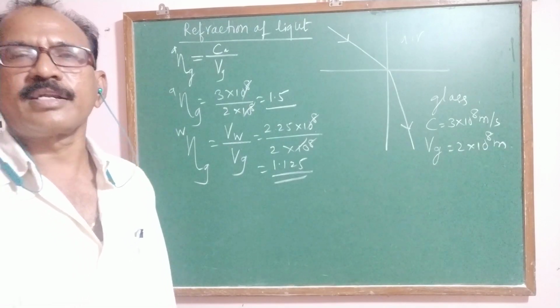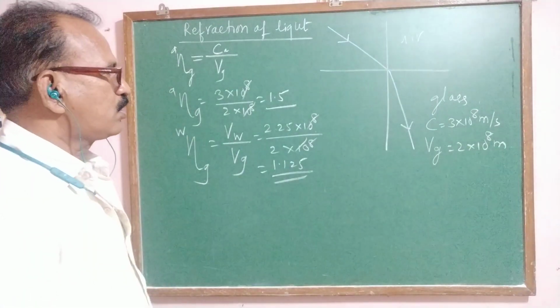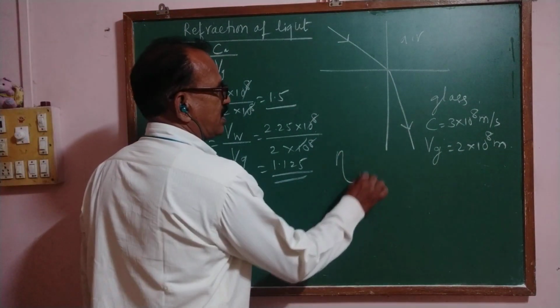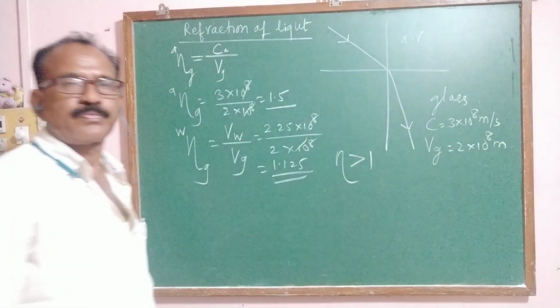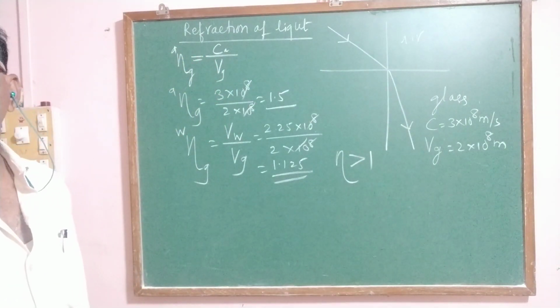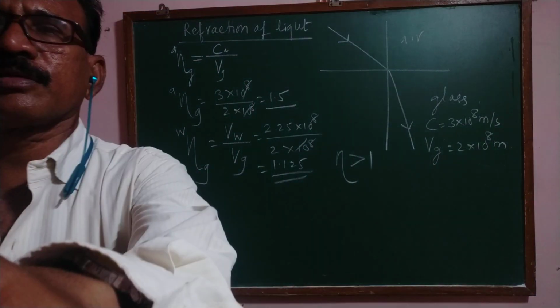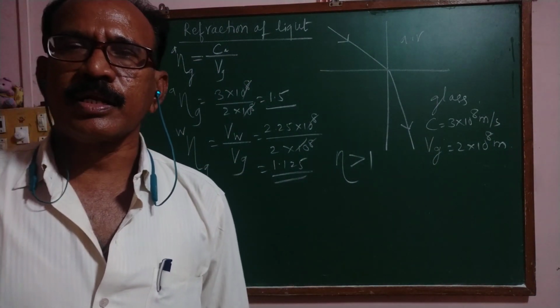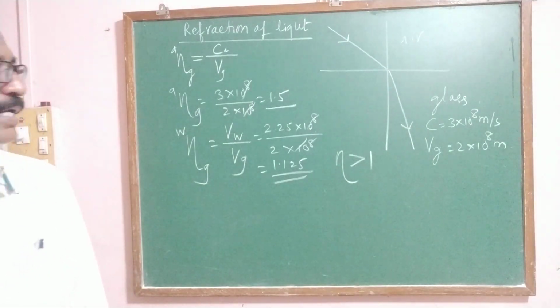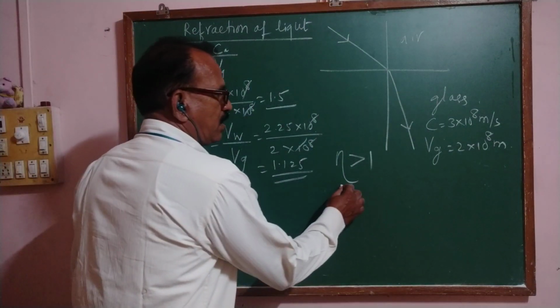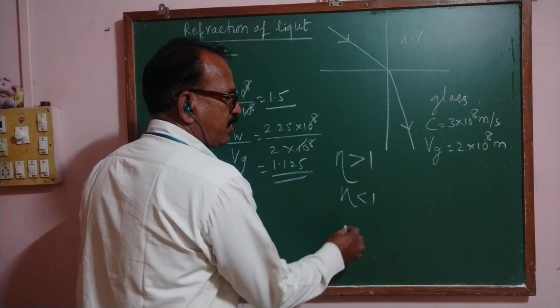Absolute refractive index is always greater than 1. Eta is always greater than 1. Whereas the relative refractive index may be less than 1, or may be greater than 1.